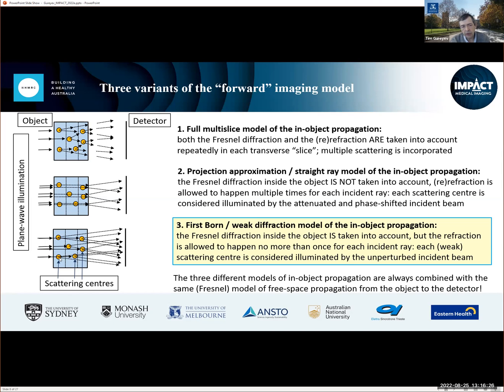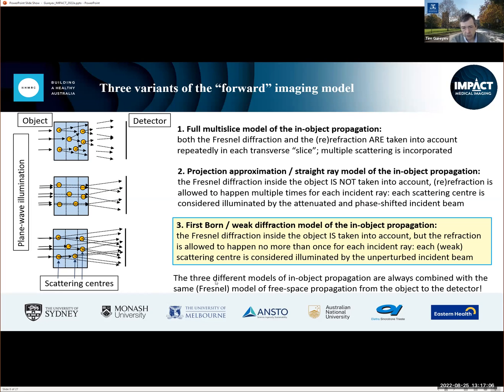So if an X-ray is scattered on a certain inclusion in the object, then we assume that it propagates from that point of interaction to the detector without any further interaction with the object. And we apply that for every incident X-ray. As you can see from that picture, hopefully, the deviations of X-rays from the straight trajectories are incorporated into this model. But as I said, multiple scattering is not. So that's the third model.